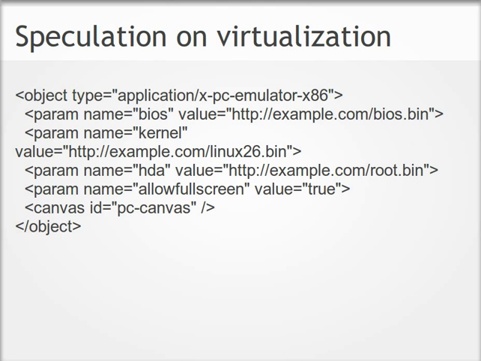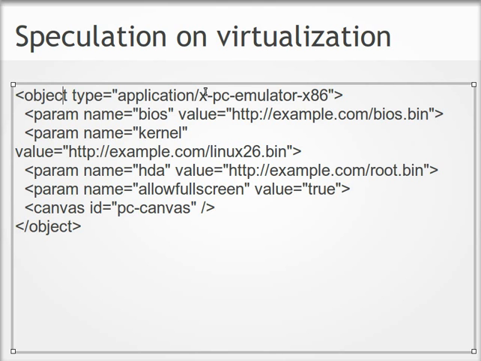One of the possibilities, without really changing or reconsidering existing HTML standards, is that one can come up with some kind of object with a simulator type, and one can parameterize the booting process using binary files. This is kind of an example draft version, but as it's applied and developed, it will be going with some video screen attached to it.